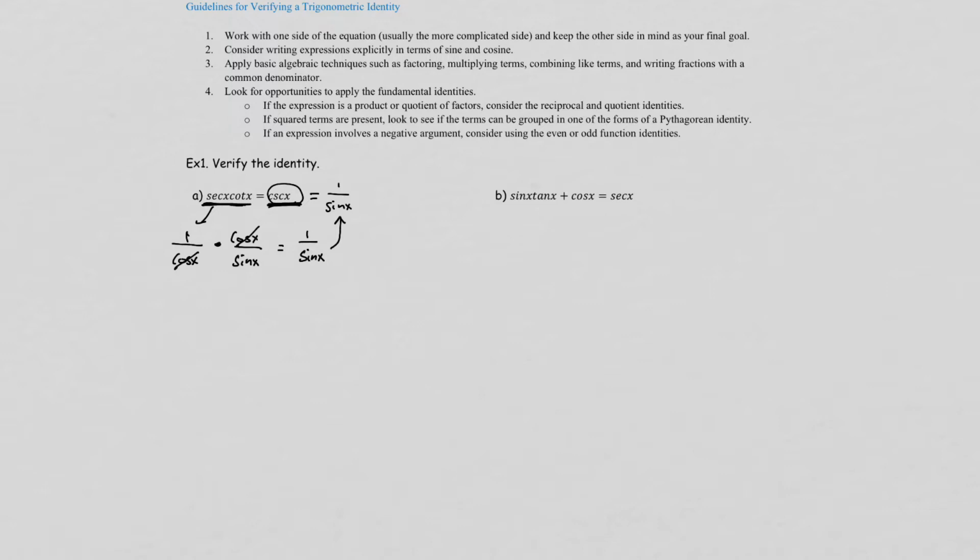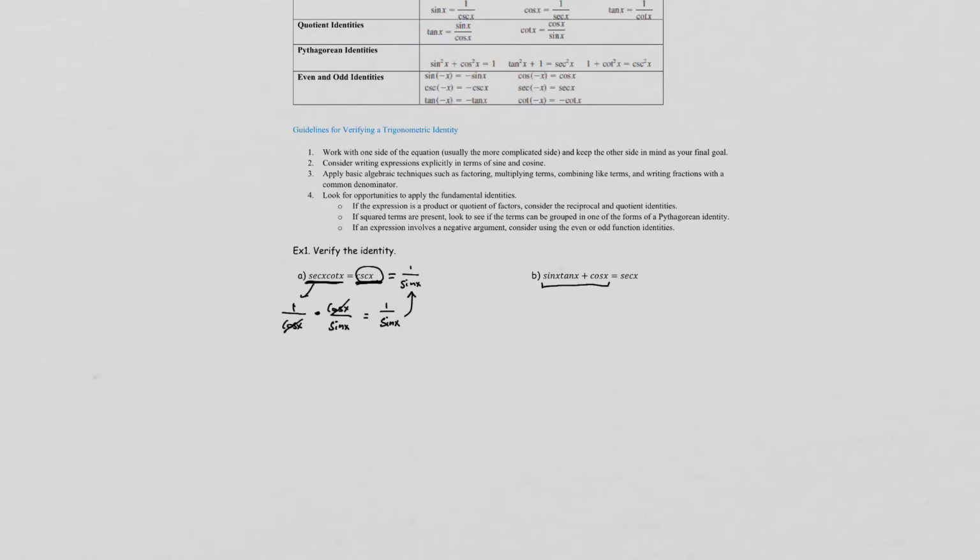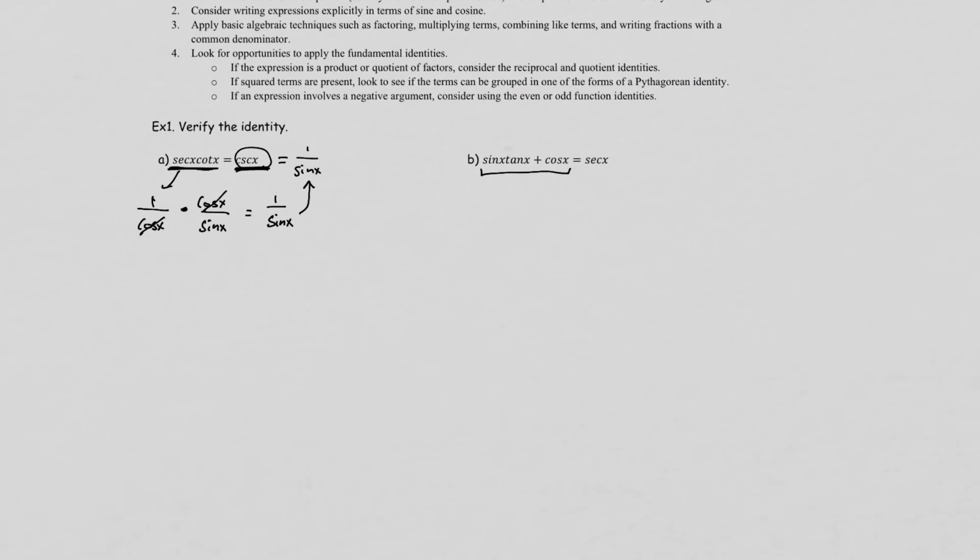So if we're looking at the second one, you're going to pick the left side again because that's longer. The longer one has more things to work on, right? So the first one is sine x times tangent x. Sine is already sine. Tangent equals sine x over cosine x, plus cosine x.